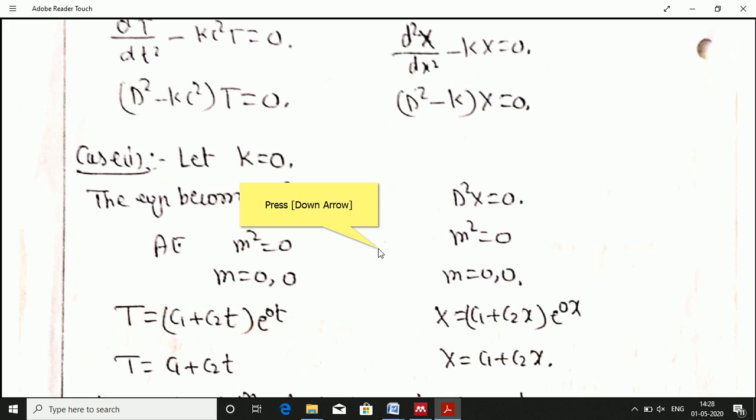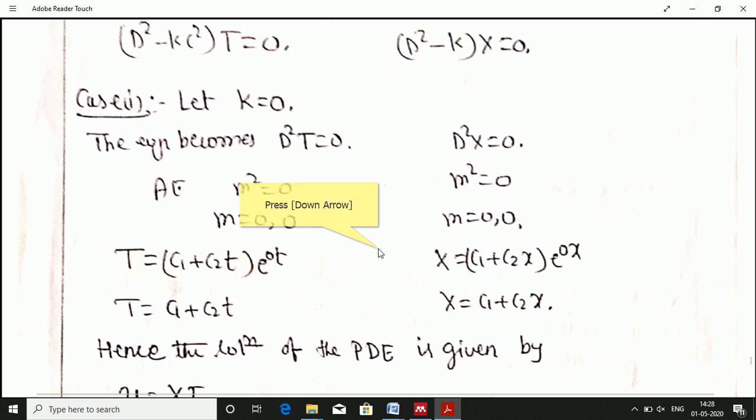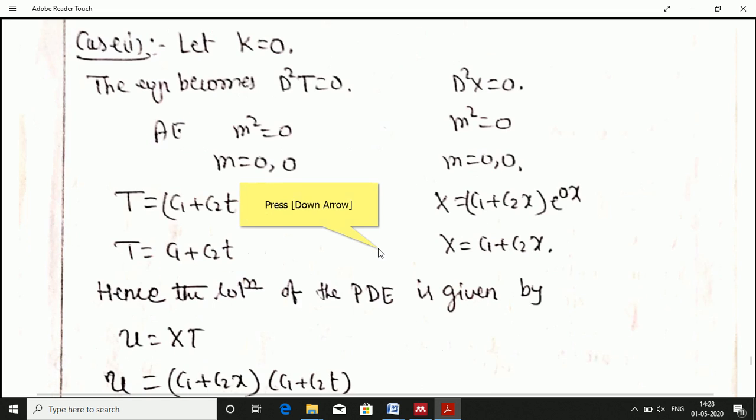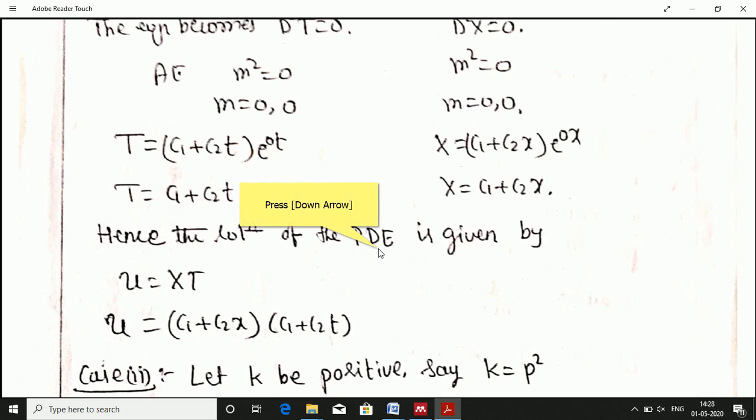For the second equation, the solution is capital X is equal to C1 plus C2 x into e power 0x. Okay. Now, substitute these obtained solutions into the assumed solution u is equal to X into T. So that u is equal to (C1 plus C2 x) into (C1 plus C2 t). That is the solution of the wave equation when k is equal to 0.